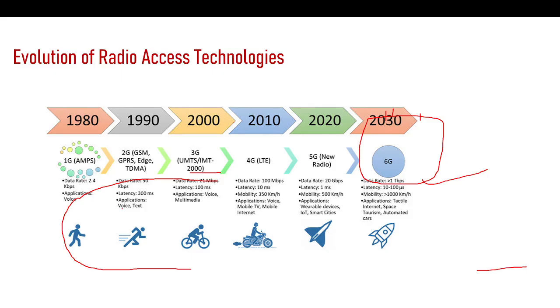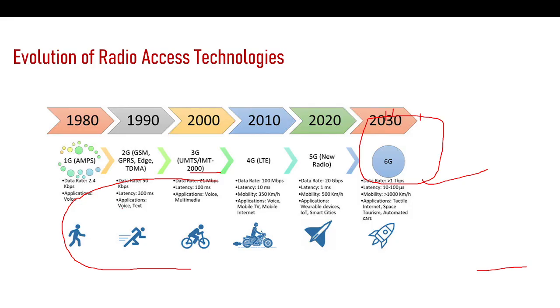If we have only 50 kbps, you really don't have to focus much on capacity, because even a 1G link is enough to serve many customers. But when you look at 3G, the UMTS, we are talking of 21 Mbps and a latency of 100 milliseconds. 4G, the long-term evolution, is 100 megabits per second with a latency of 10 milliseconds.